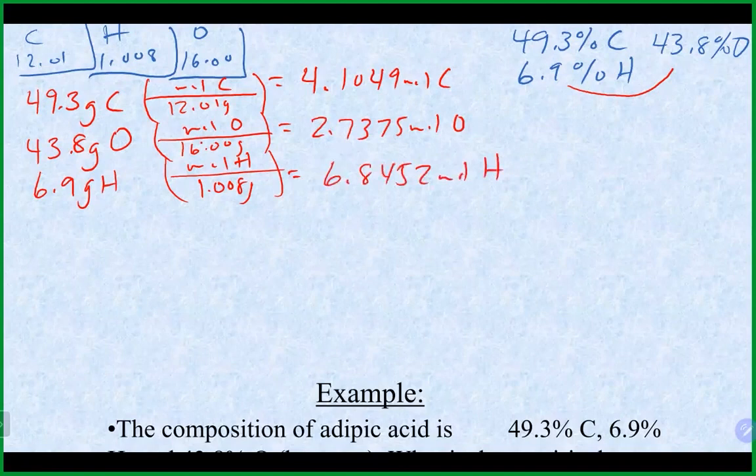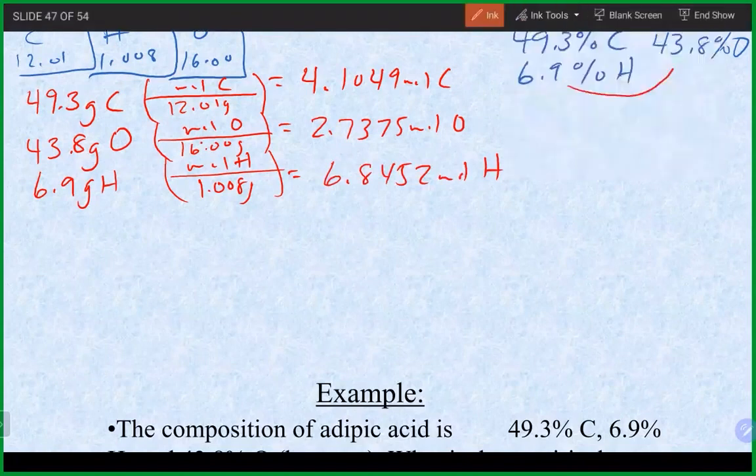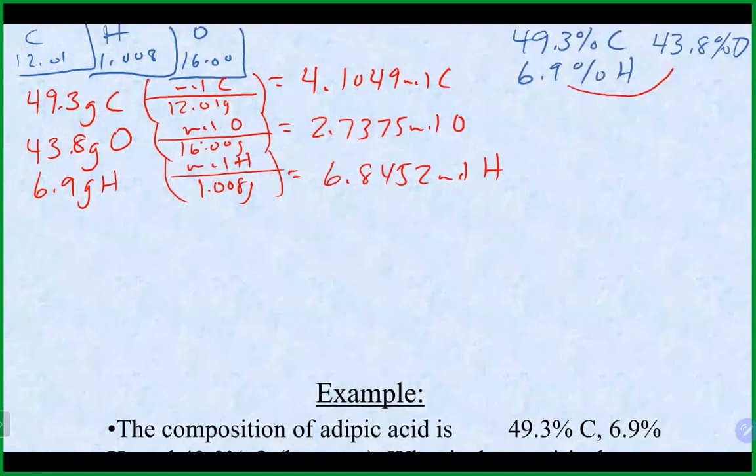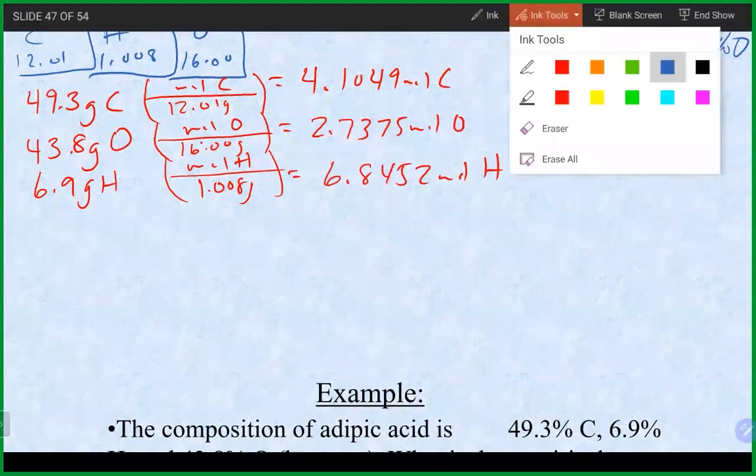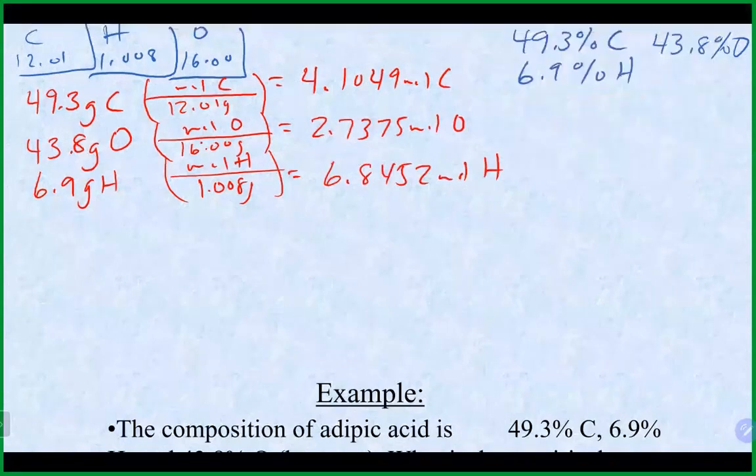Any questions up to there? At this point, we're going to divide by the smallest. In this particular case, that is our oxygen, so we're going to divide everybody by oxygen's moles.